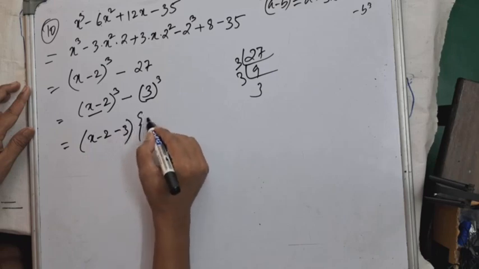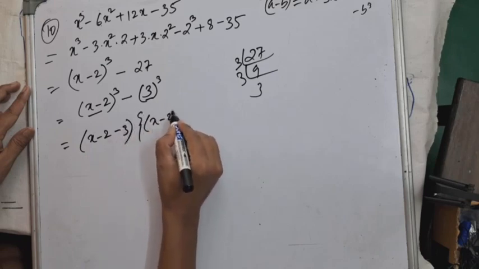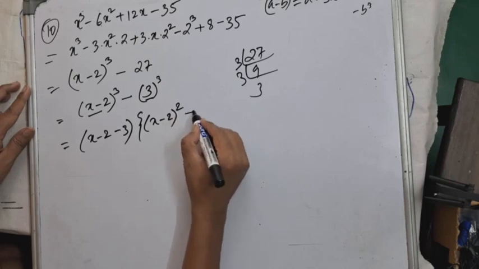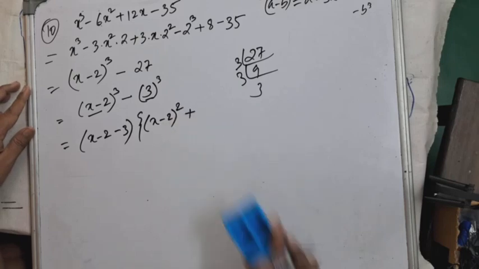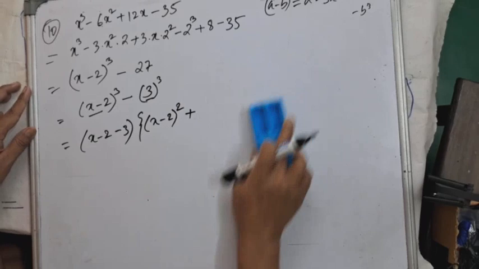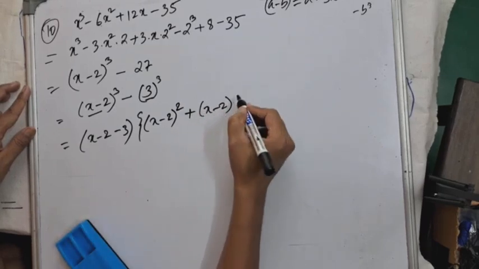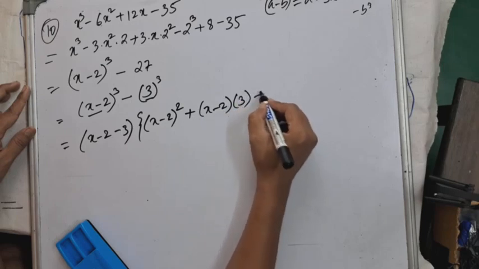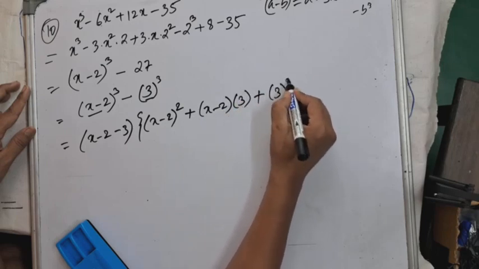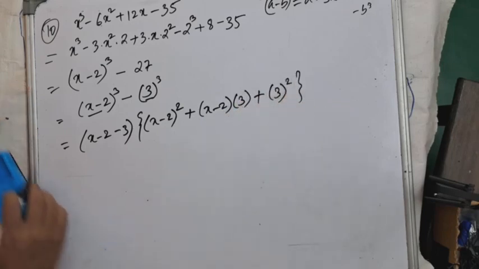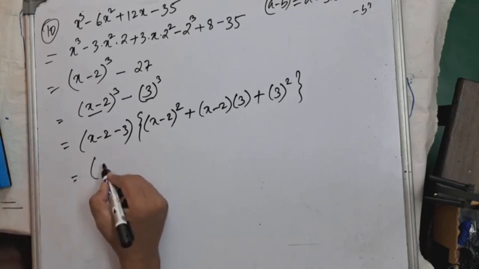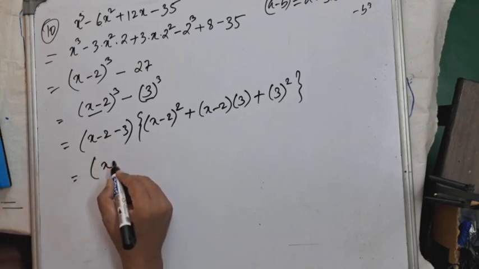A minus B. After that, A square plus AB, isn't it? Plus AB is x minus 2, B is 3, AB plus B square. Okay, this is x minus 2 minus 3 is minus 5.